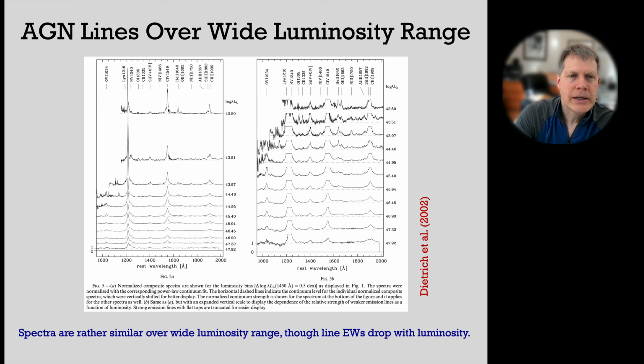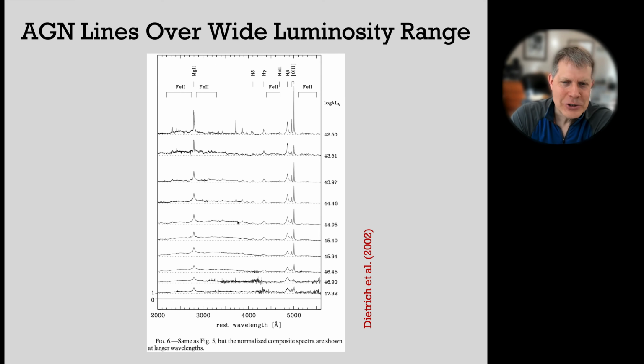Interestingly, I will point out in passing that while the emission lines are almost always present, their equivalent widths drop with luminosity. As you go to higher luminosity, the line emission compared to the continuum in general gets weaker. And that's an interesting result that I'll say some more about later on in this talk. But for now, you can see that these lines are present over an enormous range of luminosities, and take that for what it is for now.